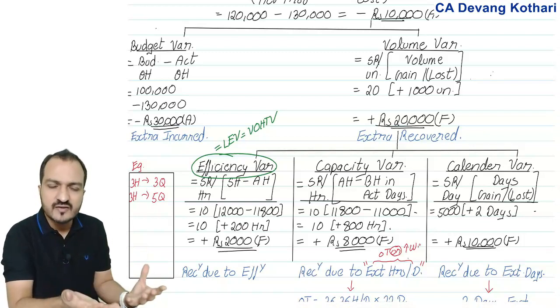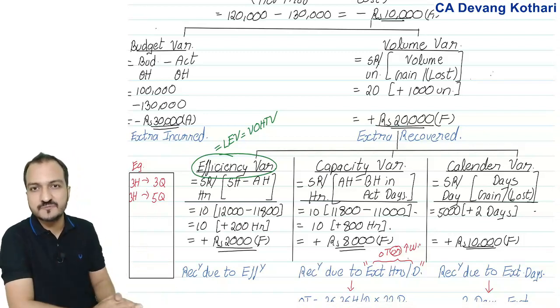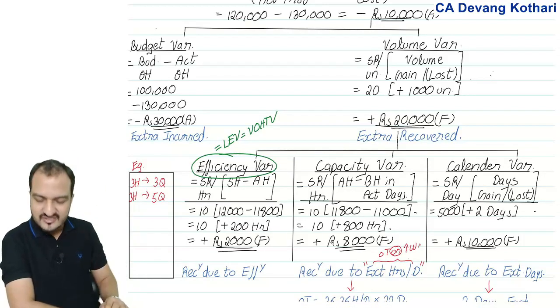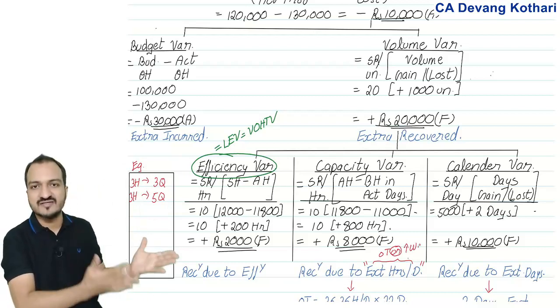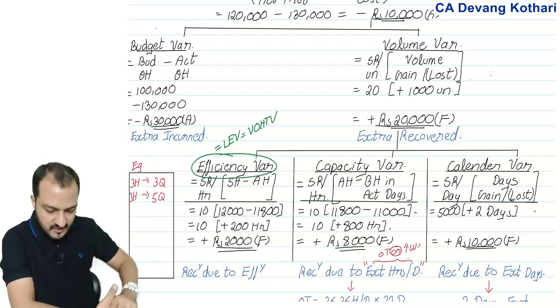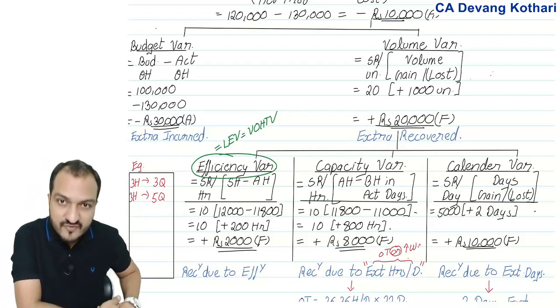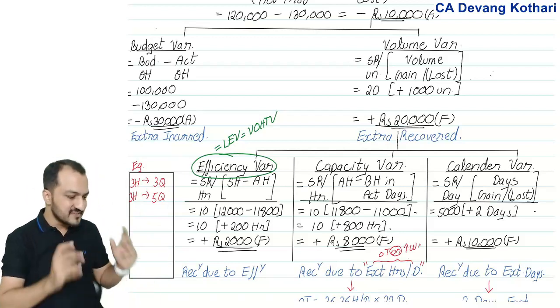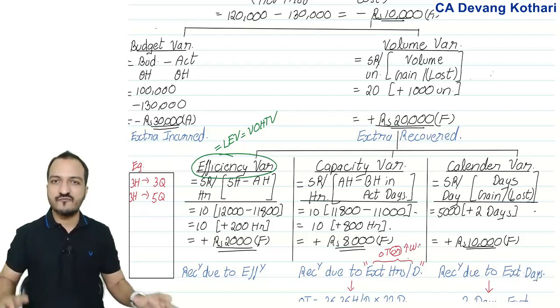If the number of workers increases, then daily labor hours will increase, right? But generally, let us assume it is due to overtime, so it is easy to understand here. Okay, so that explains everything about fixed overhead variances. Well, this completes all discussions under fixed overhead variances.